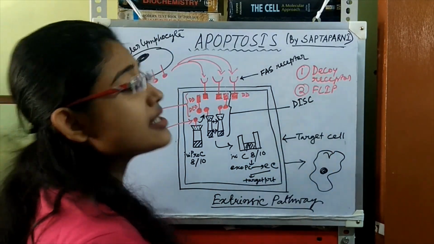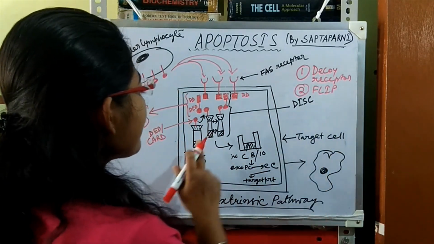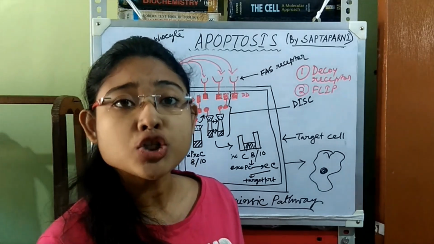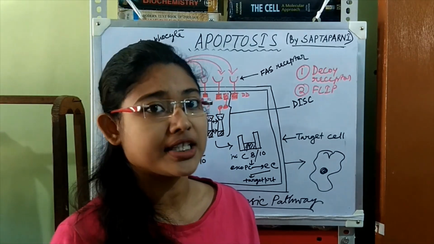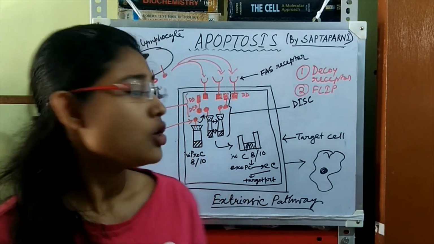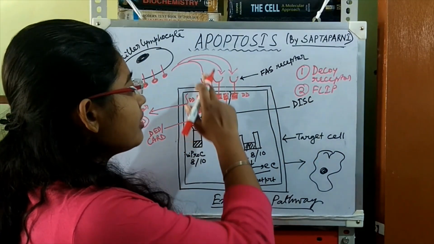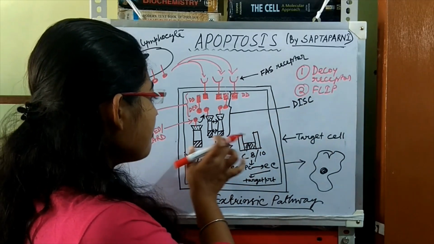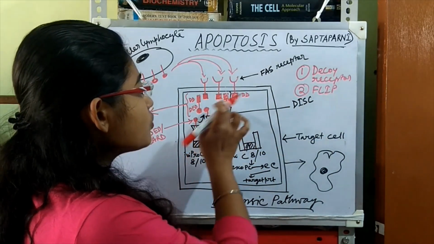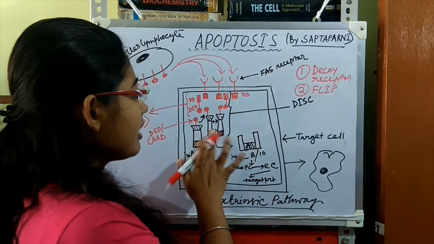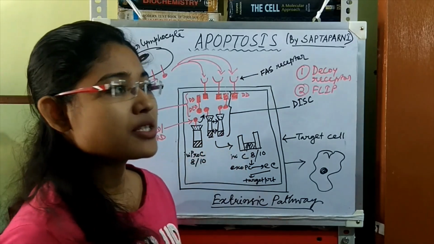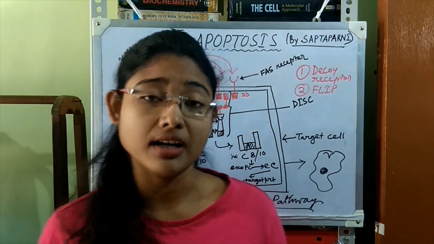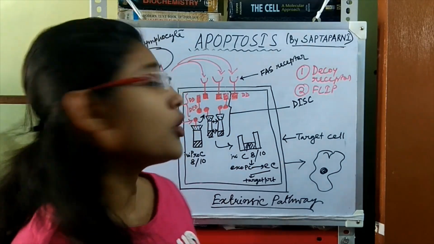Now another one is FLIP. FLIP resembles the procaspases, okay, but it also lacks the proteolytic domain of the procaspases. So whenever the death signal comes, this FLIP competitively binds to the adapter protein and competes with the procaspases, but it cannot induce apoptosis because it lacks the proteolytic domain.